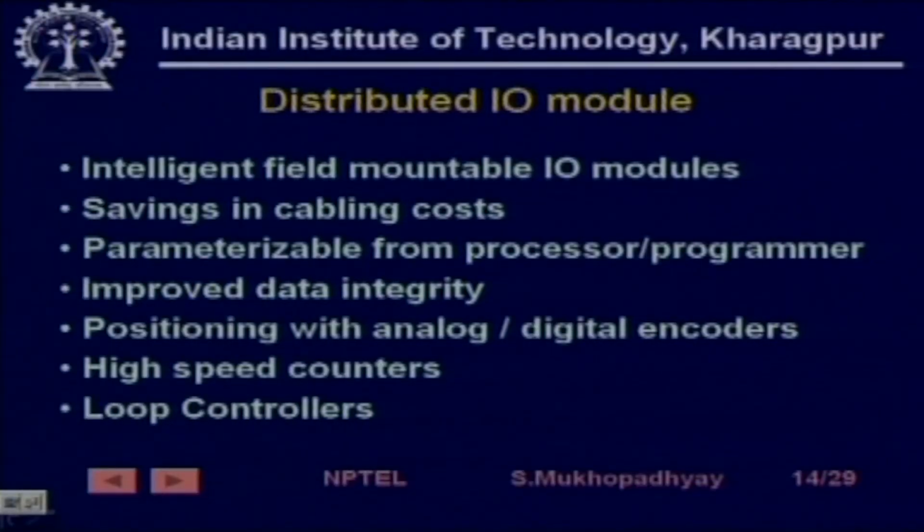Some specific loop controllers, temperature control loops, etc., where you just need to download the set point from the central processor, and the basic loop works on the distributed IO module. So, the main processor is not bothered with that. So, that is distributed IO, generally getting more and more popular these days.